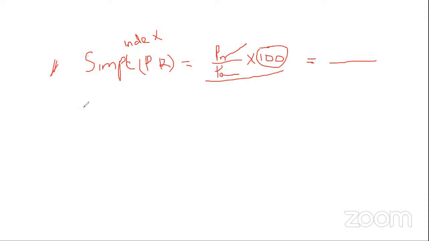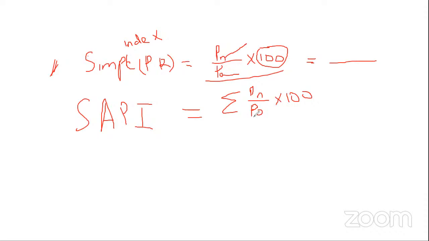Then after this, we have a simple average price index. So this one, we can sum up Pn over P naught times 100, and we divide this by n, where the n would represent number of commodities or items.